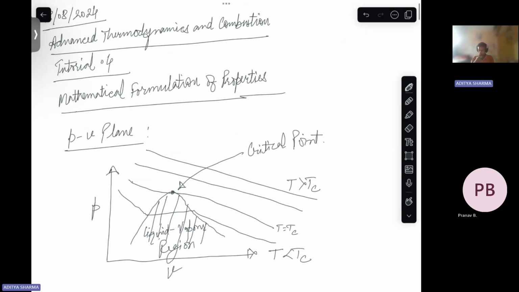So if we see this slope, right? So at critical point, the slope of this PV diagram will be zero. Right?